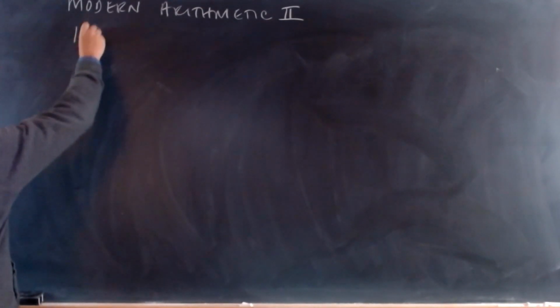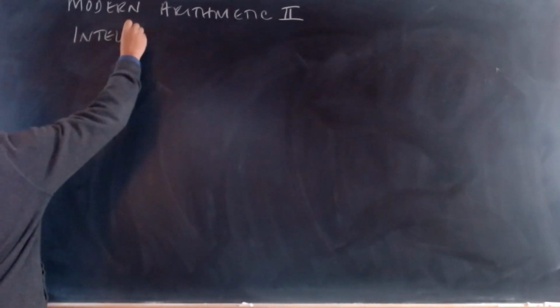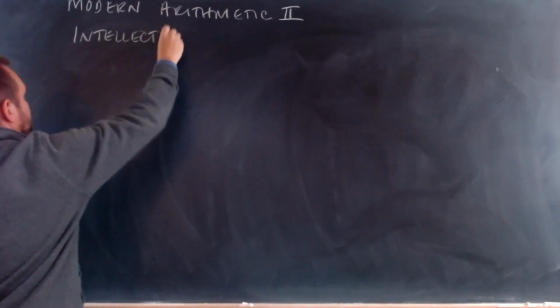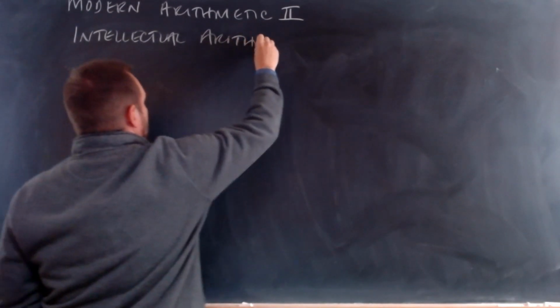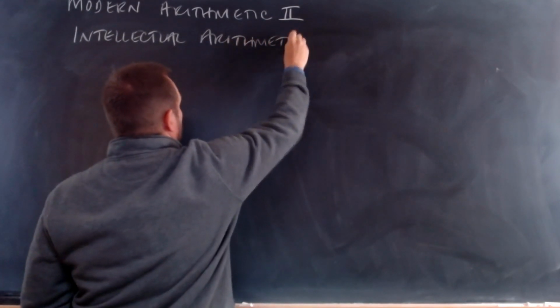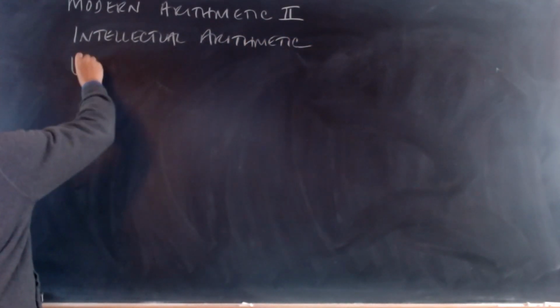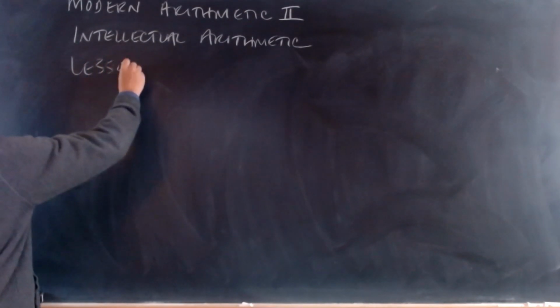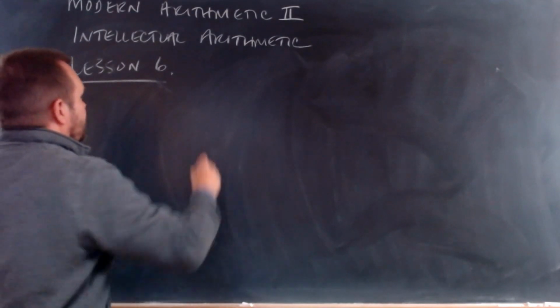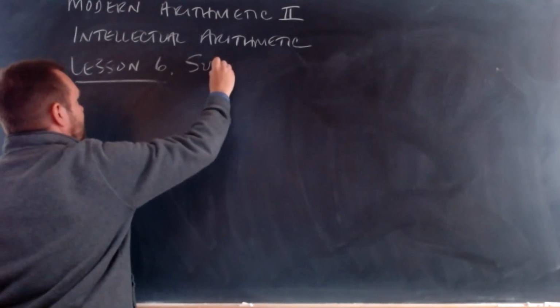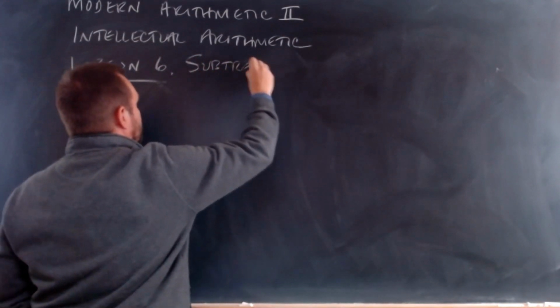It's called intellectual arithmetic. And we're on Lesson 6, right? In Lesson 6, we're going to begin to study subtraction.